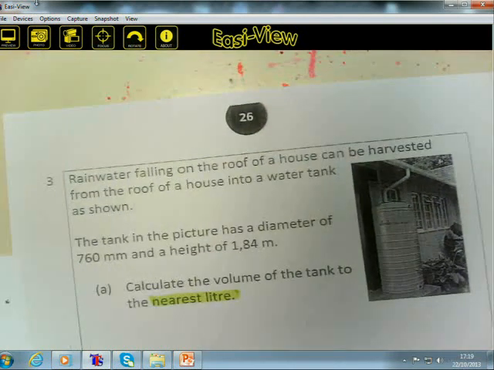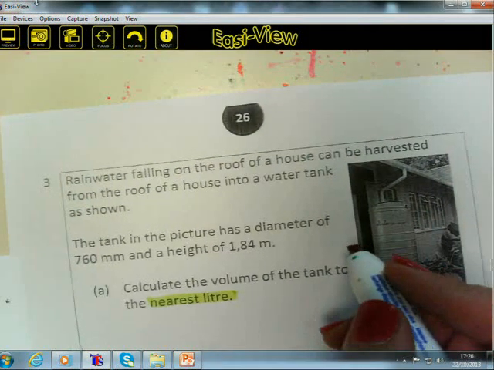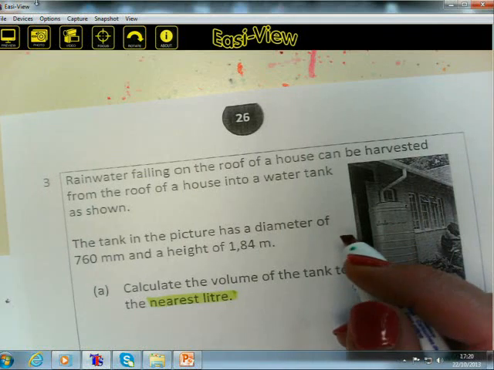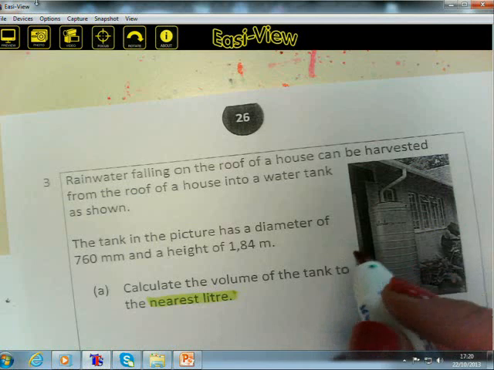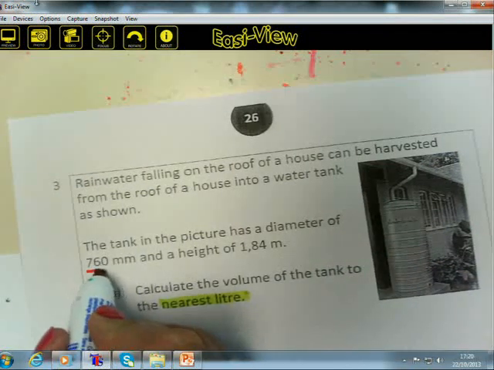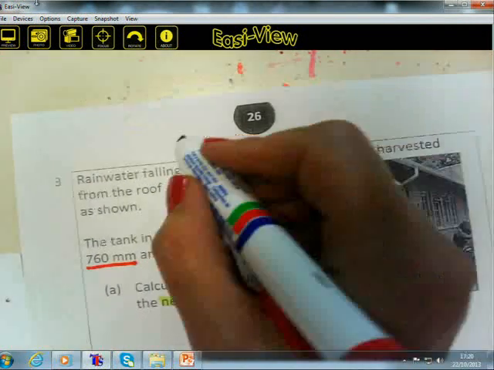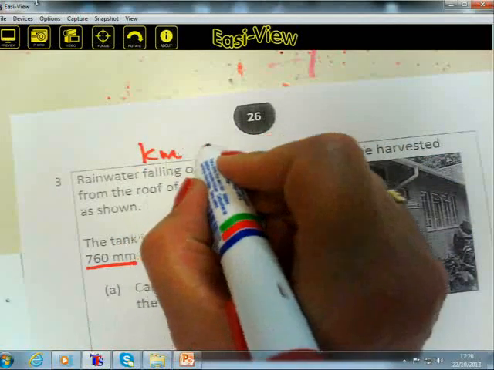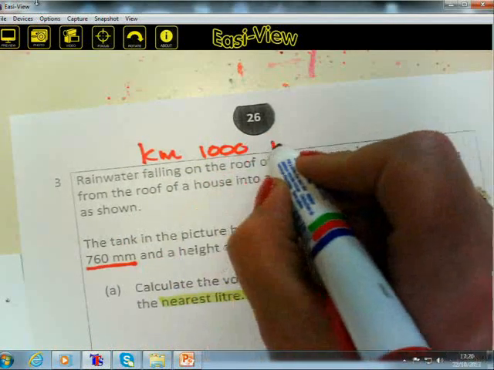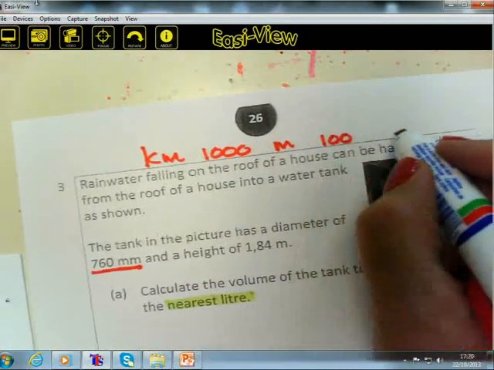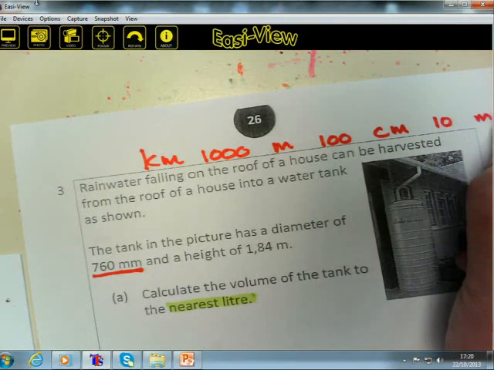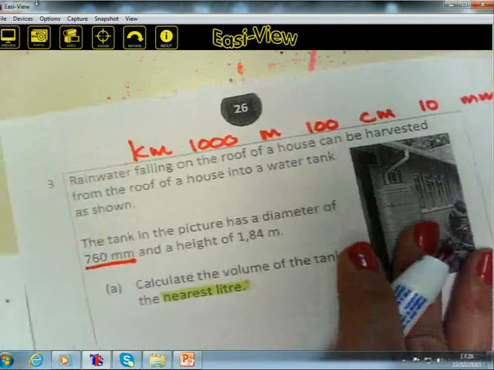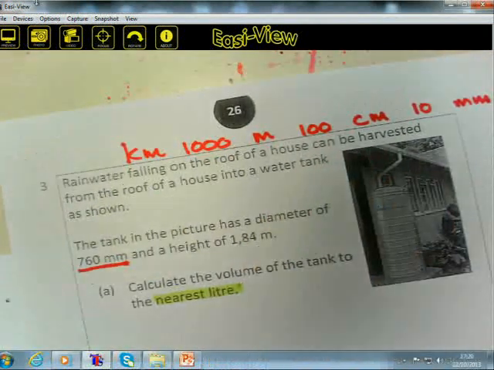So let's start with the diameter. I want you to work in centimeters. Now to go from millimeters to centimeters, kilometers times 1,000 gives us meters times 100 gives us centimeters times 10 gives us millimeters. I hope you will write this down in your exam book.